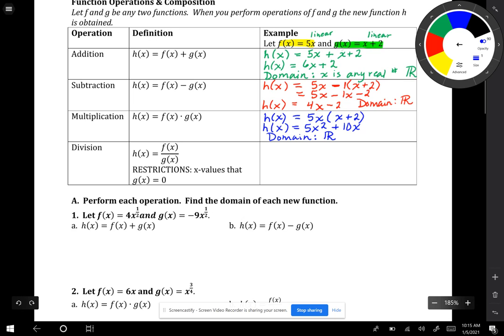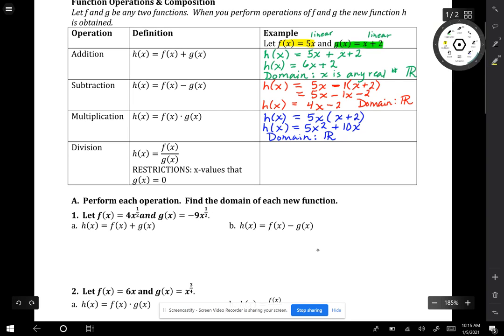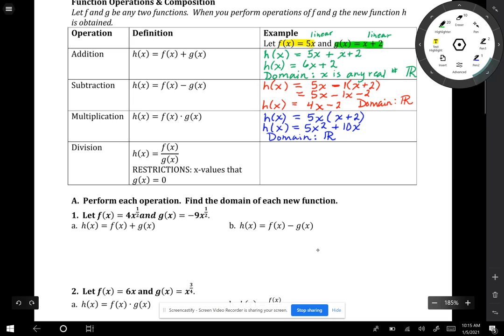And here's our first case that we will run into a restriction. So to divide, there we go. So h of x is equal to f of x divided by g of x. Now you can't simplify that any further.